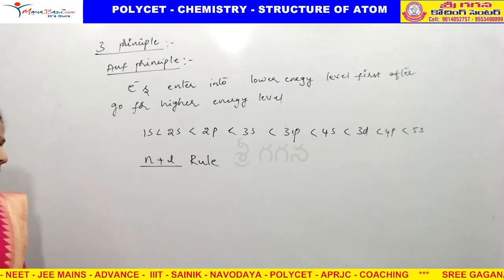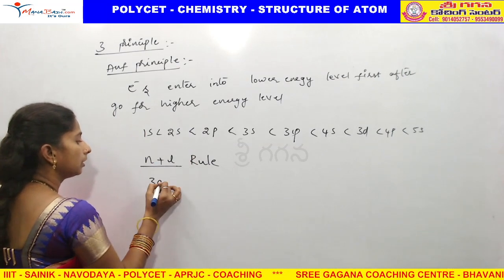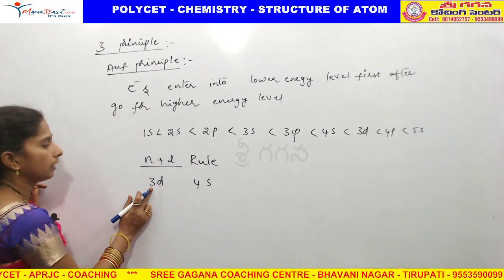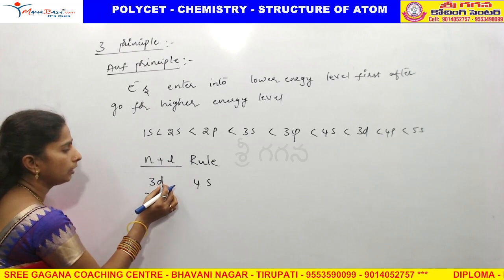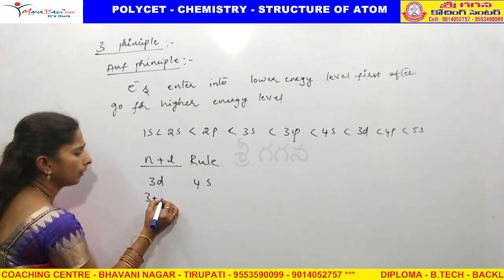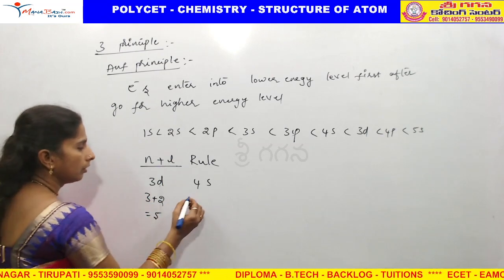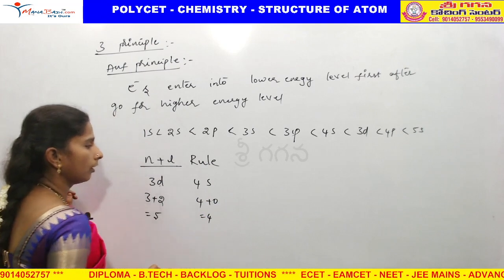N plus l rule. If you take 3d and 4s, what is the n plus l value? For 3d, n is 3 and l for the d orbital is 2, so it equals 5. For 4s, the value is 4 plus 0, equal to 4.